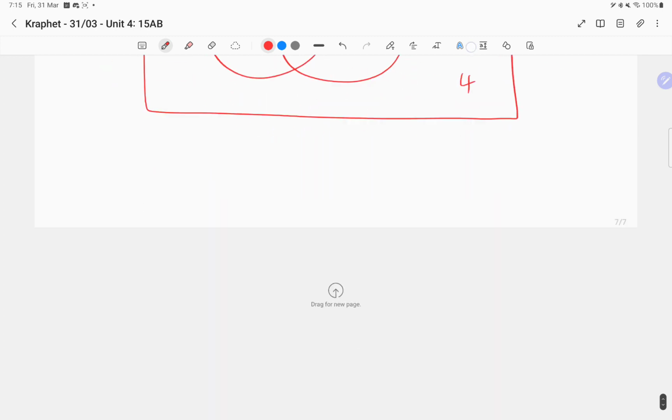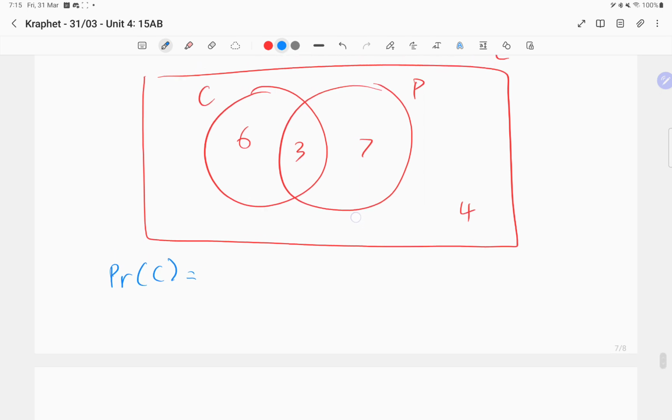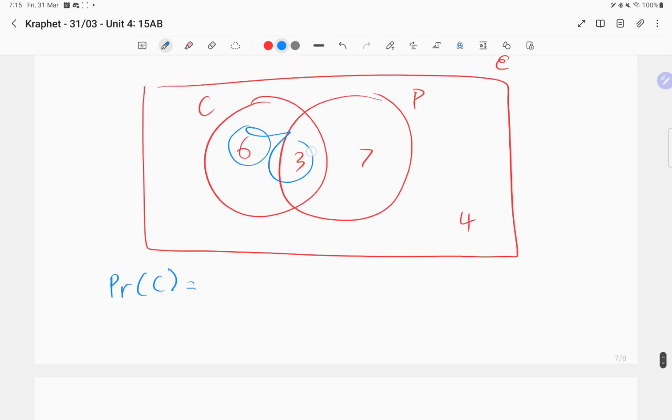Put it this way, the probability of someone doing chemistry out of the entire class is what? Well, there will be 6 plus 3, because that's the total circle for chemistry. So that would be 9 out of 20, because there are 20 students in total.